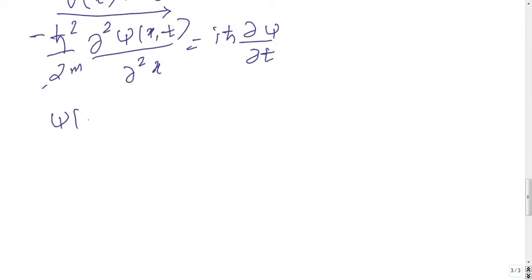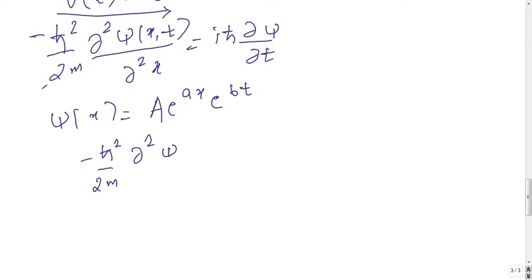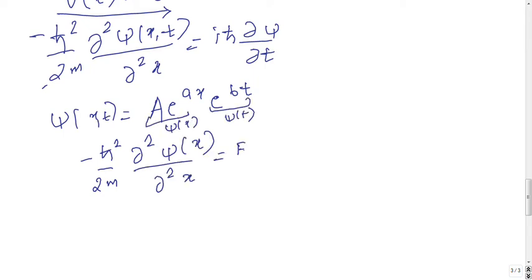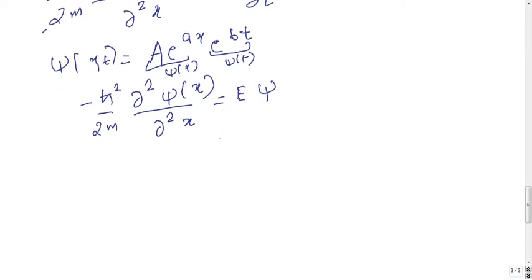Let us guess the wave function would have a spatial part and a temporal part. We can bifurcate this Schrodinger equation, and it gives the time independent Schrodinger equation, which is given like this.